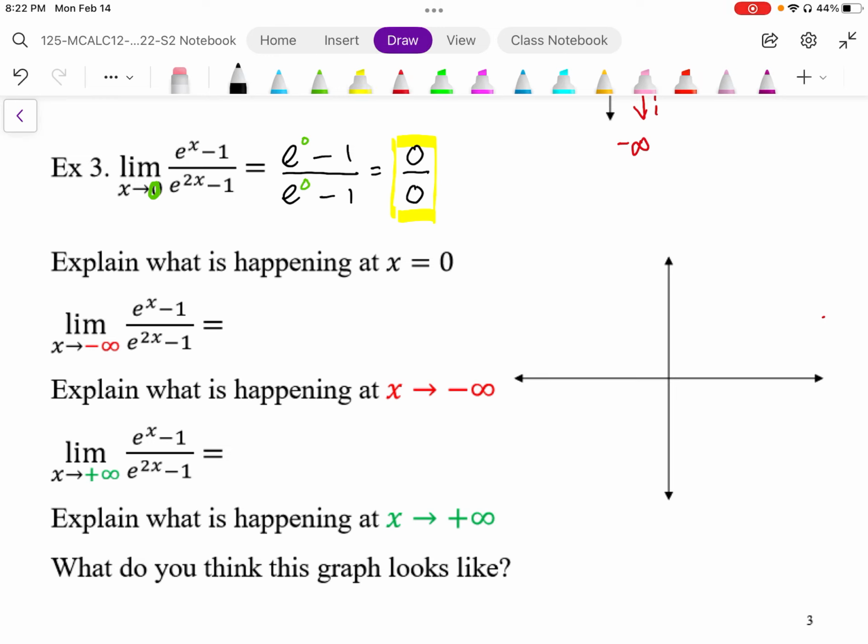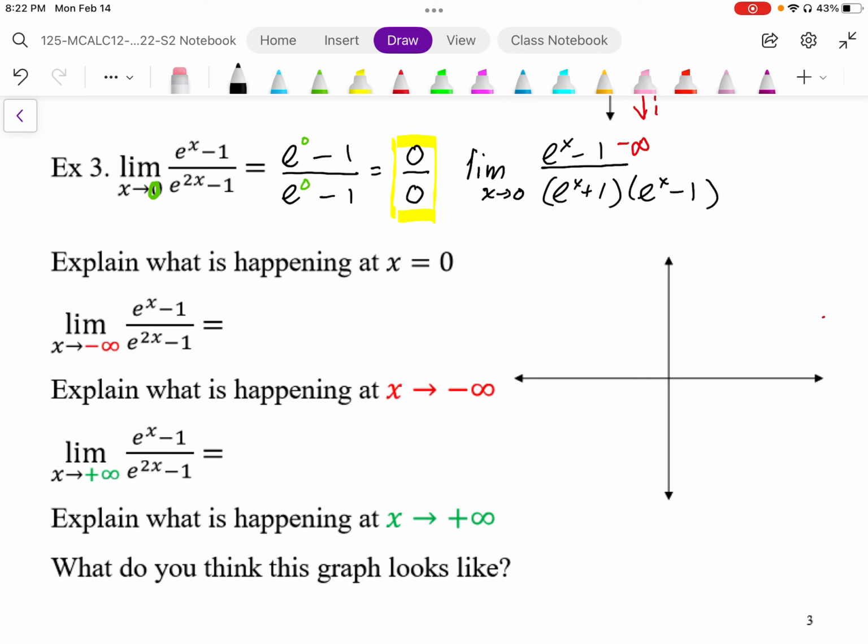So to do this then, if I recognize that the denominator really is a quadratic and it's a difference of squares. Okay, so it's actually e to the x squared minus 1. So I can rewrite this as e to the x minus 1 in the numerator, and in the denominator it becomes e to the x plus 1, e to the x minus 1.